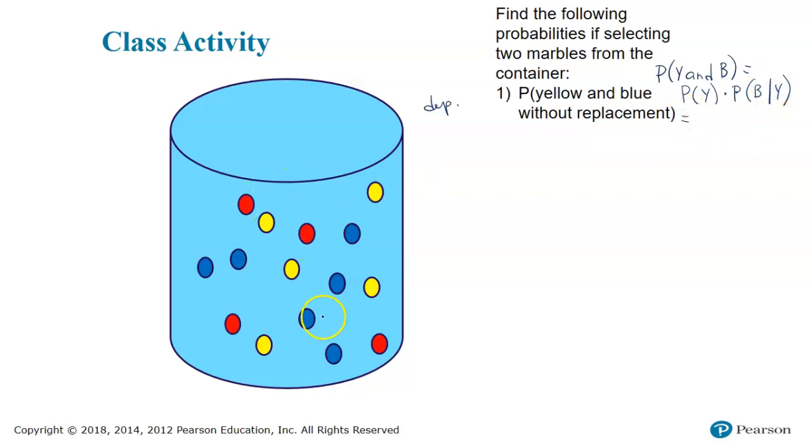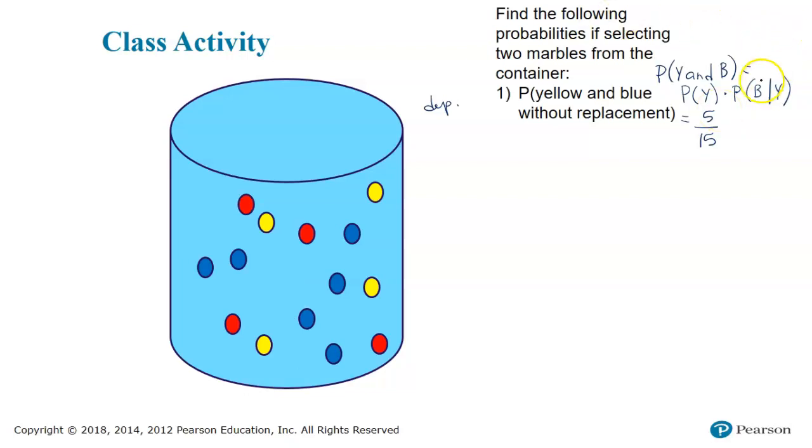Okay, so if I look at the makeup of this container of marbles here, I'm going to select first of all the yellow. I've got 5 yellow, and it looks like there's a total of 15 marbles in this container. So the probability of getting a yellow is going to be 5 out of 15. I'm doing this without replacement, so I'm going to take one of the yellows out.